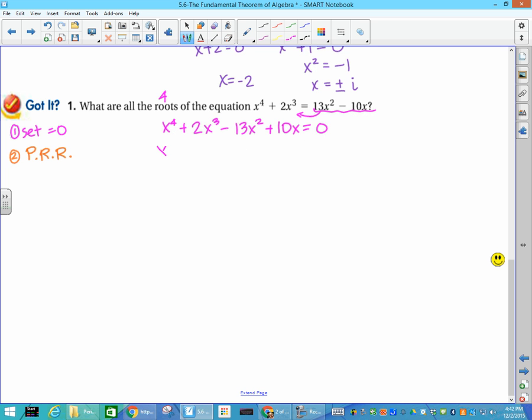So I'm going to take that x out, and that gives me x to the third plus 2x squared minus 13x plus 10 equals 0. Really what I'm worried about is this polynomial, because I already know that root, which of course is 0. So I'm looking for these 3, and that means my possible rational roots are the factors of 10 over 1, which are 1, 2, 5, and 10.